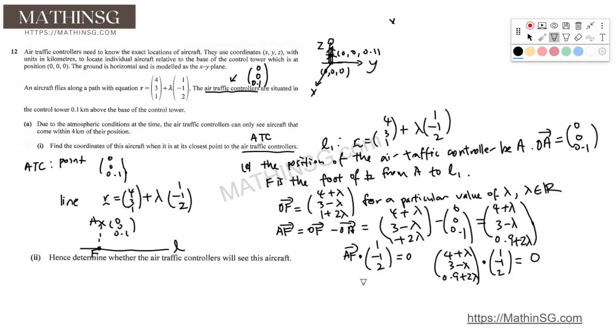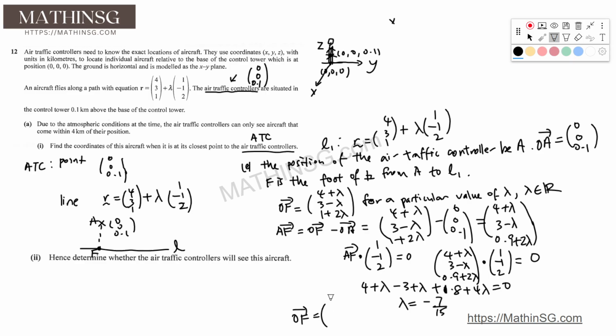Okay, so do the dot product. Then solving for lambda, you'll get lambda equals -7/15. Next, I'm going to sub lambda into this OF to find out what OF is.